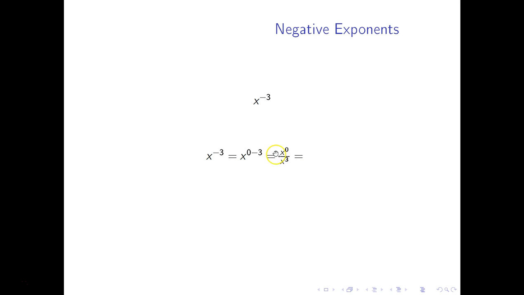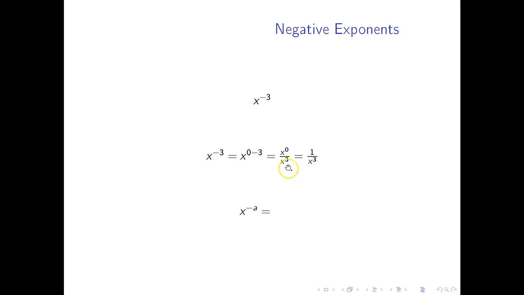Hopefully you're saying that's x to the 0 over x to the third, but x to the 0, like we just did, is 1, so it's 1 over x to the third. So notice my negative exponent turned to a positive exponent when it moved below.